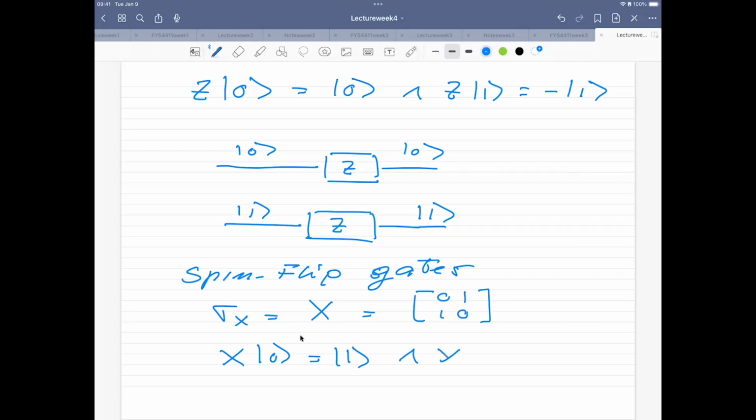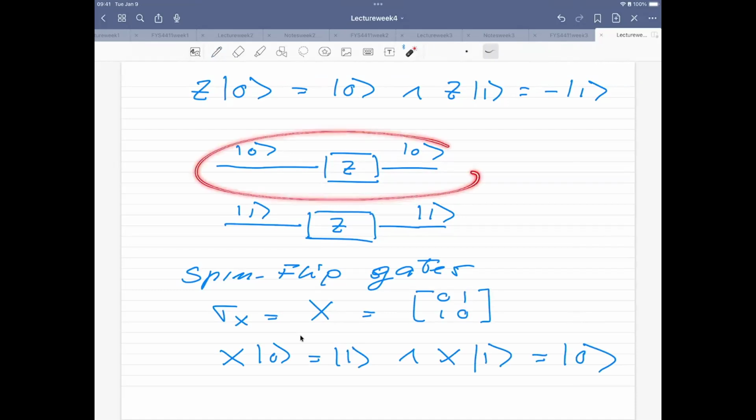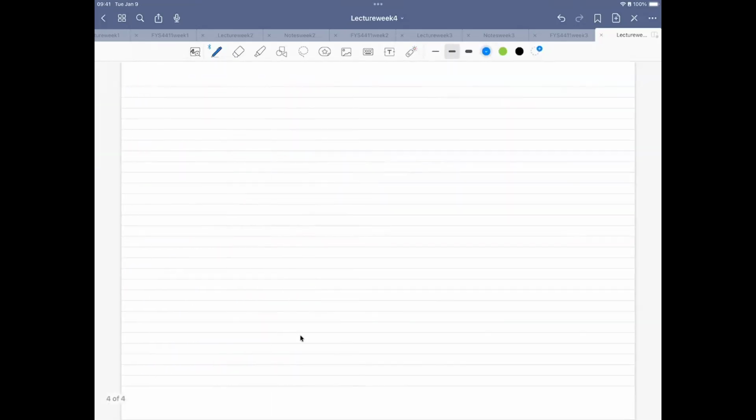And similarly, when it acts on the state 1, it gives us 0. So that means that the gate operation, when we write this as a circuit, a 1-qubit circuit, so these are actually called 1-qubit circuits, what you see here. In that specific case, what you would then have is a state 0.